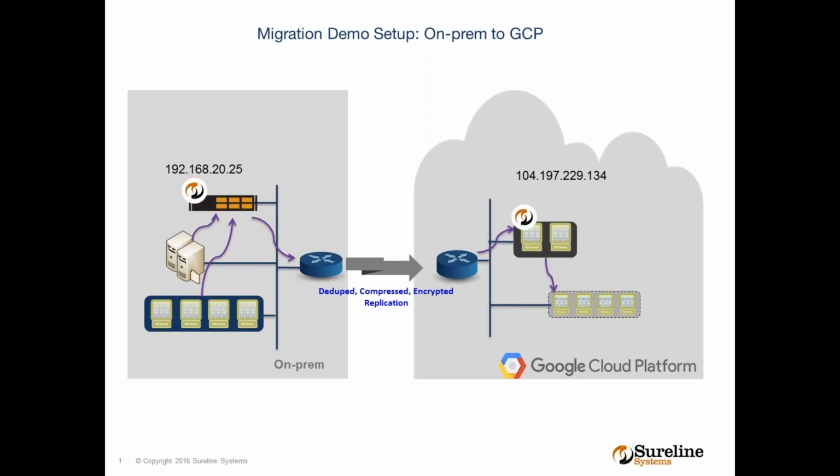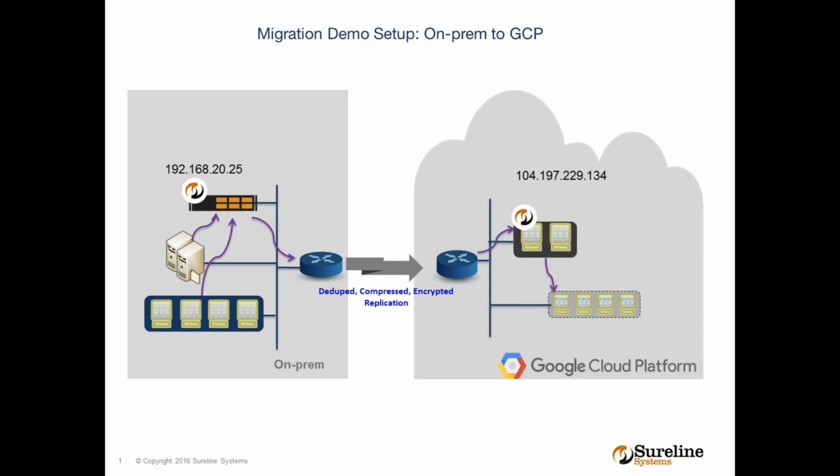It could be any hypervisor. There could be physical servers or virtual servers running in your environment. The Sure Edge Migrator would capture all the required data and configuration about all the servers, and migrate them over to Google Cloud platform, which is on the right-hand side, in a deduped, compressed, and encrypted manner.